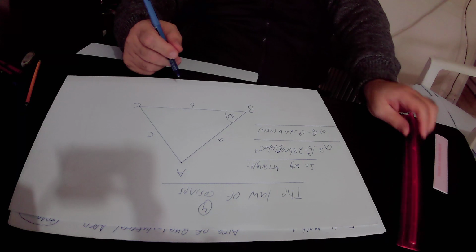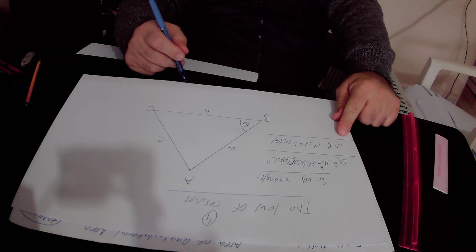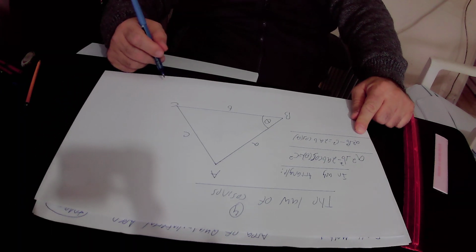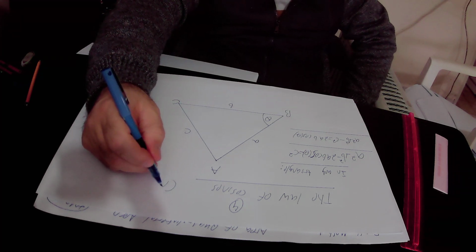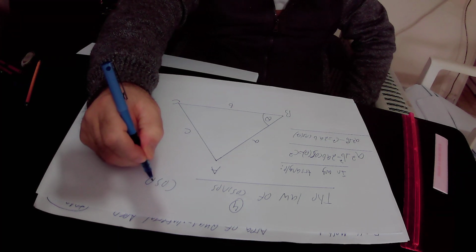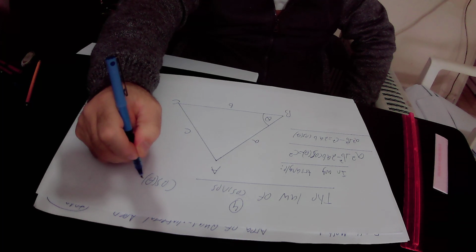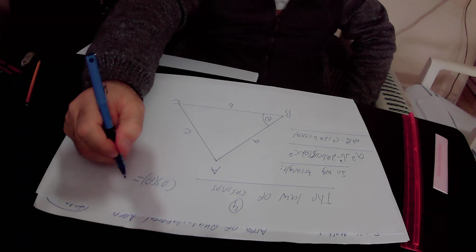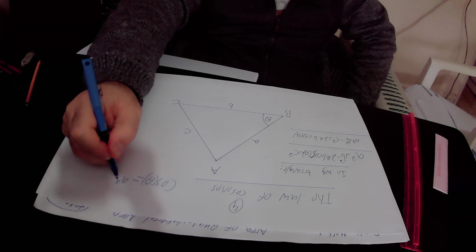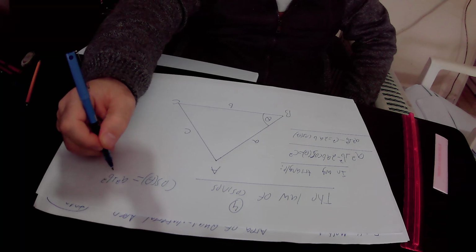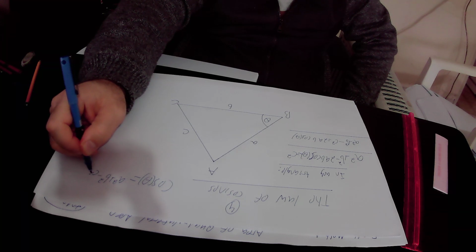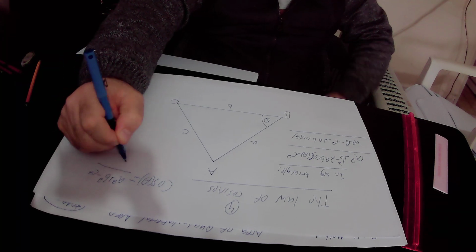So here we will divide this equation by 2 times AB, and we will get that cosine theta equals A squared plus B squared minus C squared over 2 times AB.